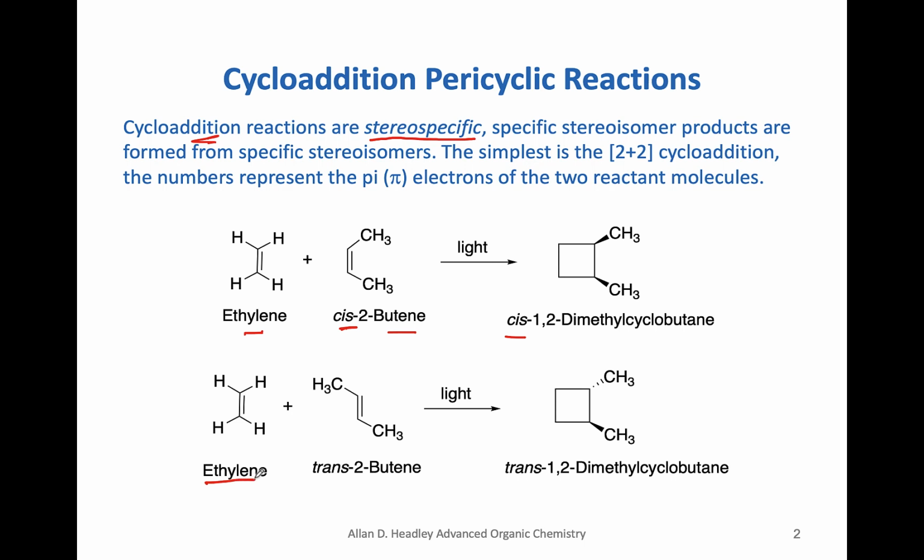The other example is, notice this is a trans reactant and it gives a trans product. For these reactions, however, notice the energy that's supplied here is light. That's important because we'll see some reactions require heat and some require light. So we'll have to look at why the difference.